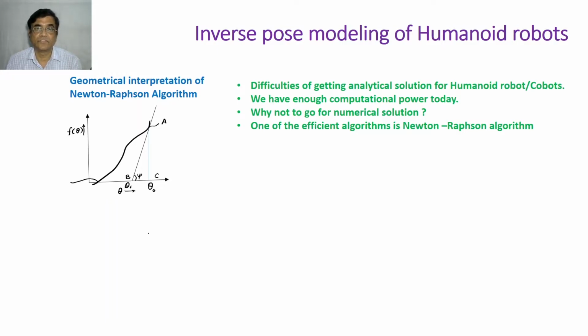That means three consecutive joint axes intersecting at a point is not the case if you see the design of Baxter or NAO. So they have exposed themselves to not getting, or at least the analytical inverse kinematic solution is not guaranteed. In fact, you will not be able to get the analytical inverse kinematic solution for either the Baxter robot or the NAO robot unless you make some assumption which strongly constrains the design itself.